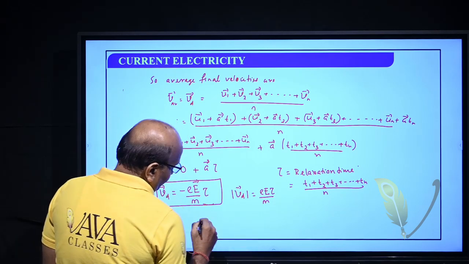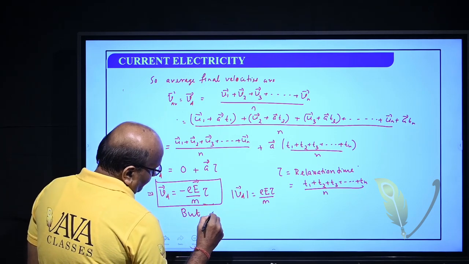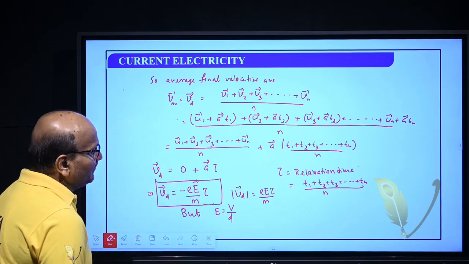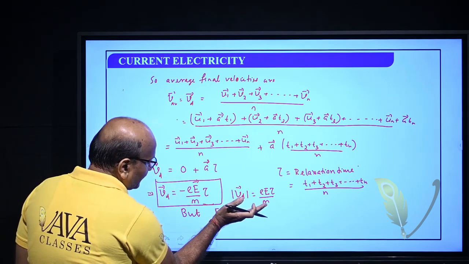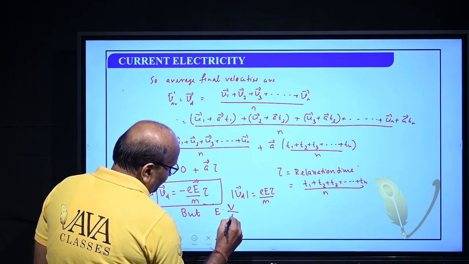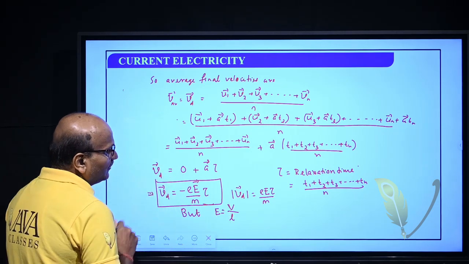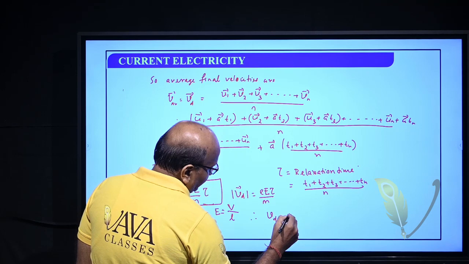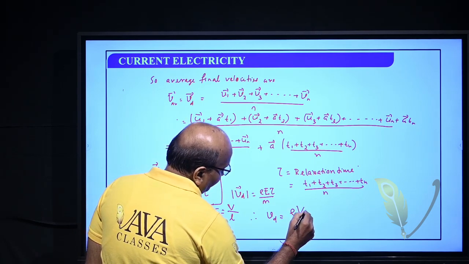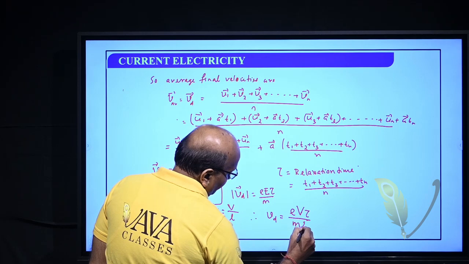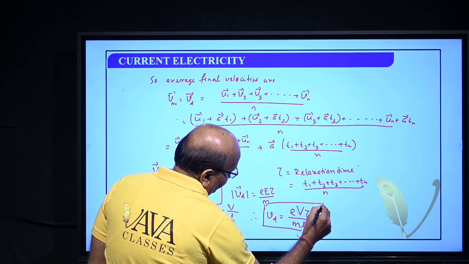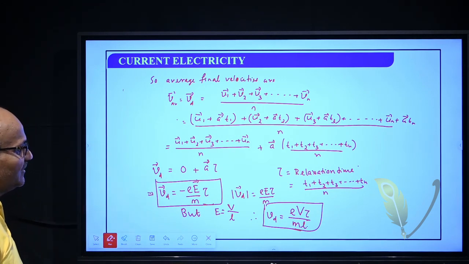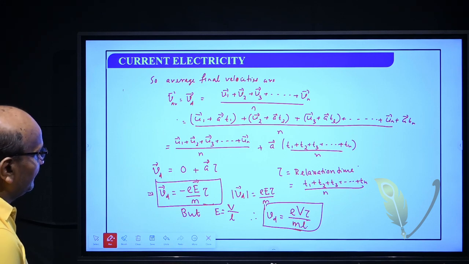But the electric field E is equal to V by d, that is the potential gradient, or we can write L in place of d, V by L, where L is the length of the conductor. Therefore, we can write drift velocity in terms of potential as e V tau by m L, where V is the potential difference applied across the ends of the conductor. So, this is the expression of drift velocity.